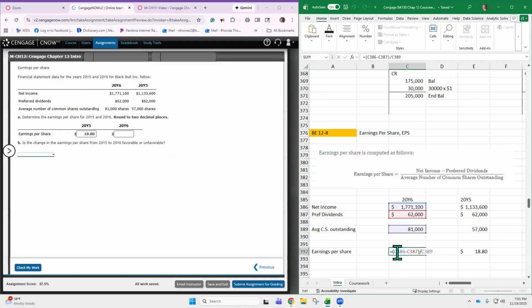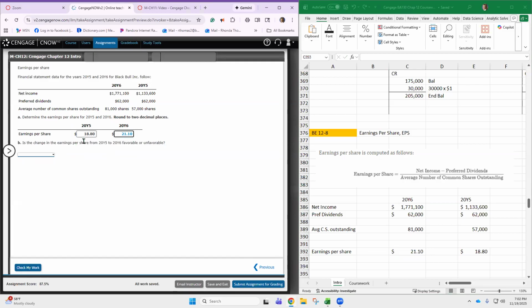We take net income, we subtract, we don't add, we take net income, we subtract the preferred dividends and divide by the average outstanding shares. Okay. So it looks like our earnings per share are going up from year 5 to year 6. You could have really spent a lot of time. We wouldn't have caught that.